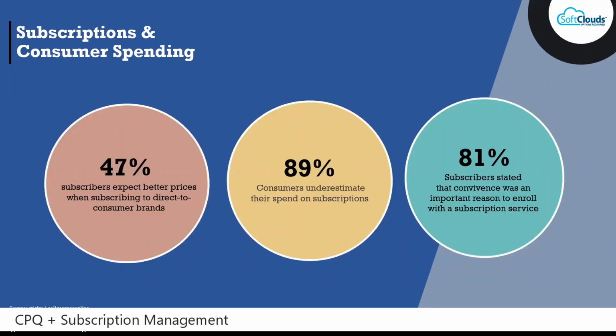And there's a reason for this. When you look at consumer behavior, subscribers expect that they're going to get a better price when they subscribe to something as opposed to when they purchase something one-off. And the other thing is that consumers tend to underestimate how much money they're spending on subscriptions.